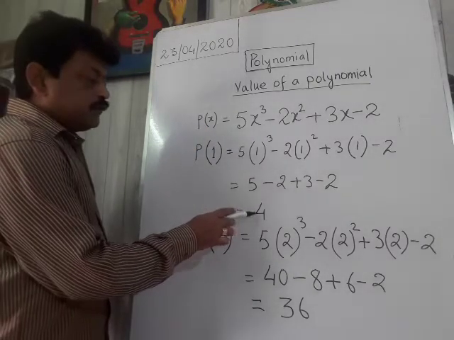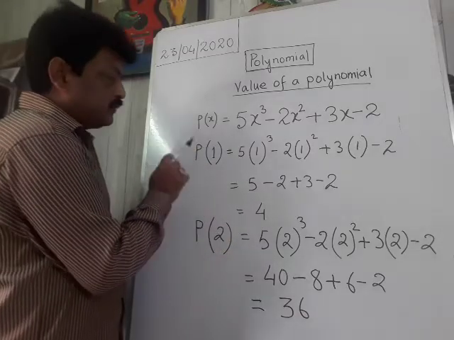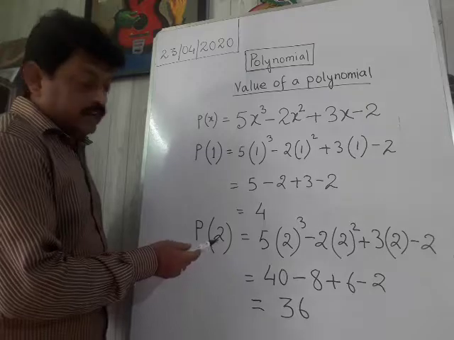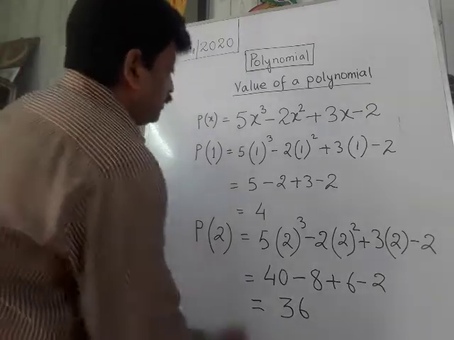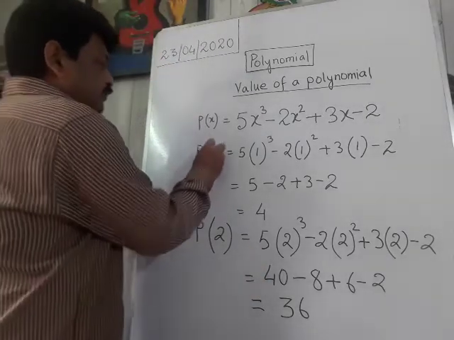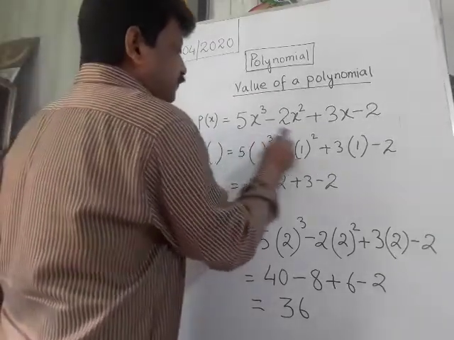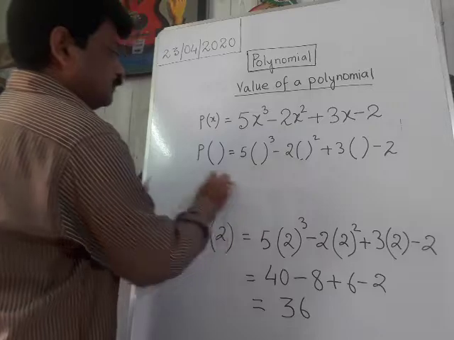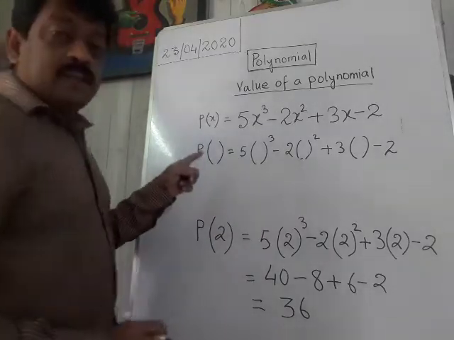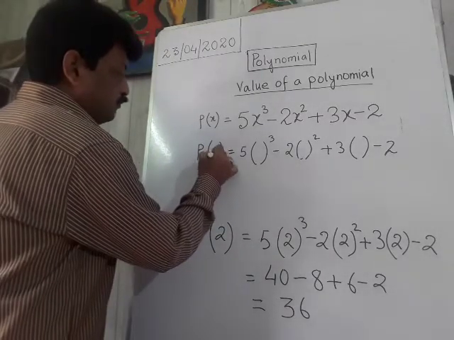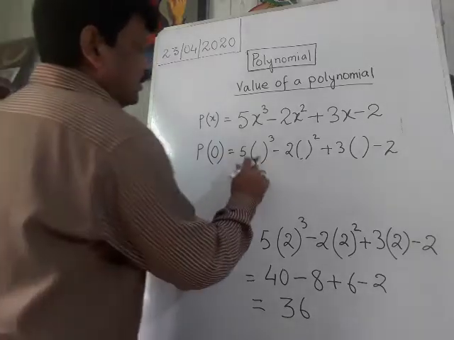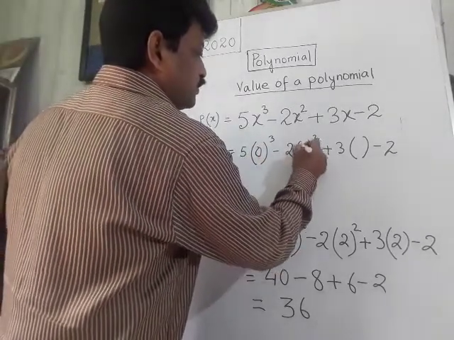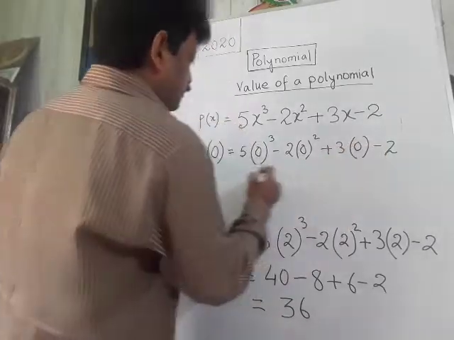Here 4 is the value of the polynomial at x equals 1. 36 is the value of the polynomial at x equals 2. Now let me put 0. So if I am replacing x with 0, then p(0) is 5 into 0 cube, minus 2 into 0 square, plus 3 into 0, minus 2.